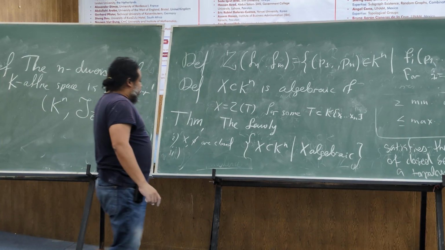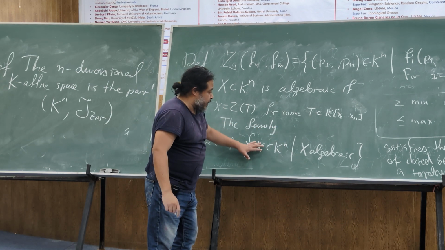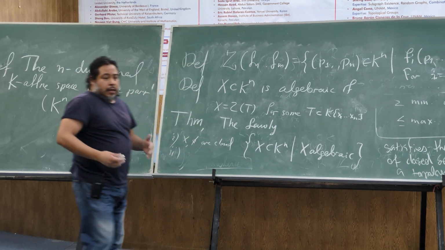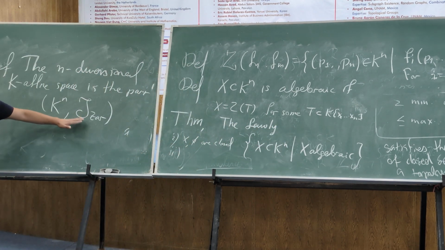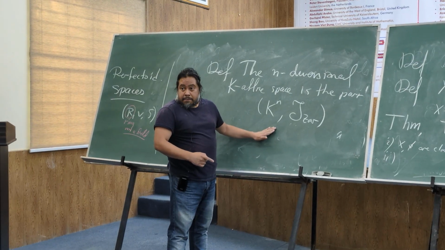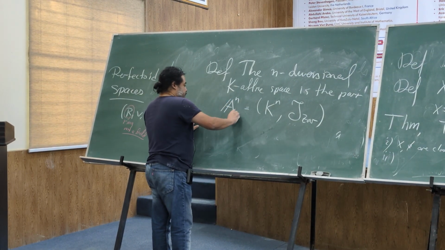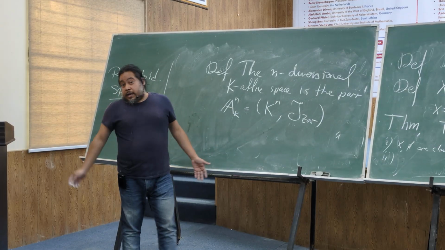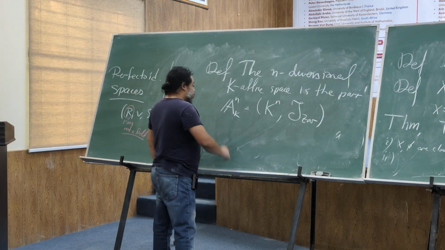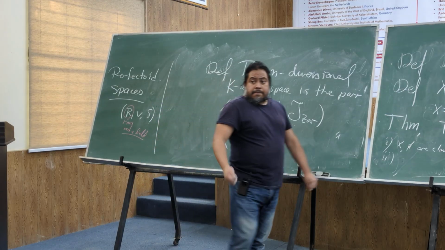So this family of algebraic sets are the closed sets, or you can define it via the complements, which are the open sets. This is called the affine space over K, and it is denoted as A^n. Why not just K^n? Can someone tell me?